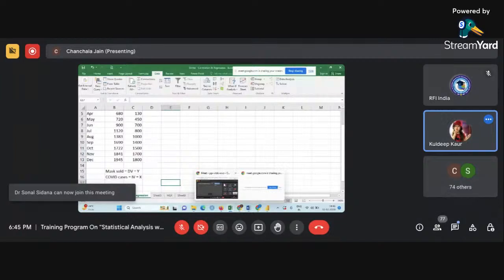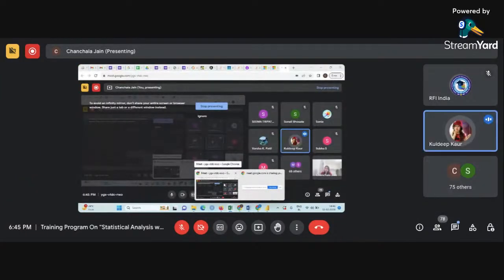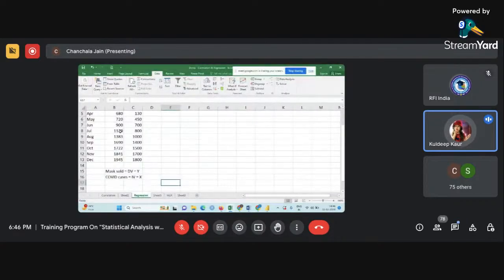If we take masks sold as independent, or COVID cases as dependent, would the results be the same or different? It will be different, but generally I do not need to comment on this.